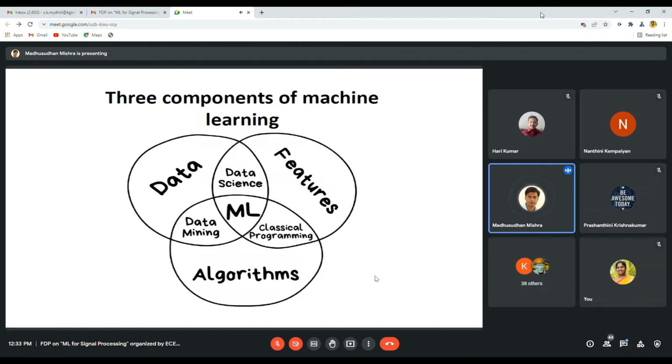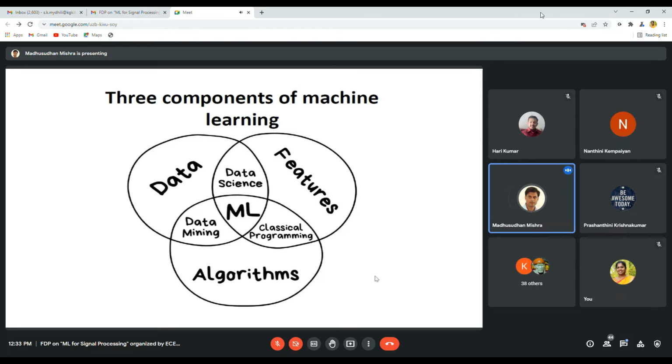The three most important components of machine learning are data, from which it extracts relevant parameters which can define that data. These are known as features, maybe high level features or low level features. Then it uses algorithms, like supervised learning, unsupervised, reinforcement learning, or neural network algorithms.